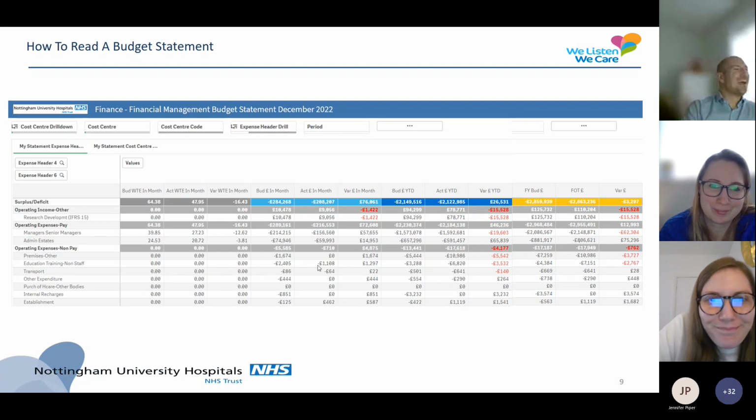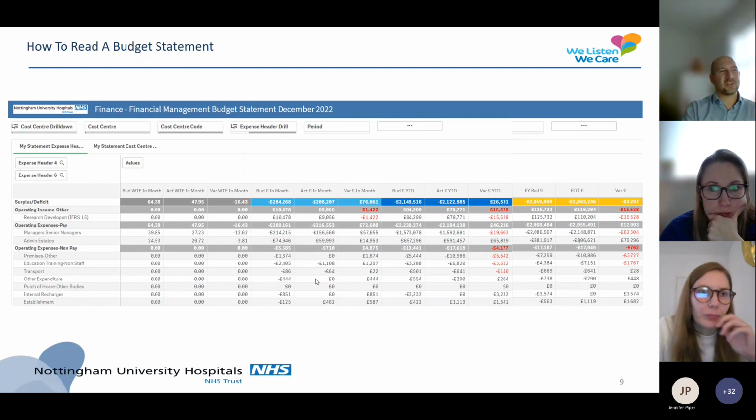And then on the non-pay side, we've got budget for £5,500 in month, and we've only spent 710. But what you can see is sometimes these expenditures are, technical term, lumpy, so it doesn't always come in the same month. So on my year-to-date expenditure, I'm actually overspent, and that's because a lot of the non-pay expenditure that I tend to have in my areas tends to be for things like courses or software, and that cost tends to come in chunks.